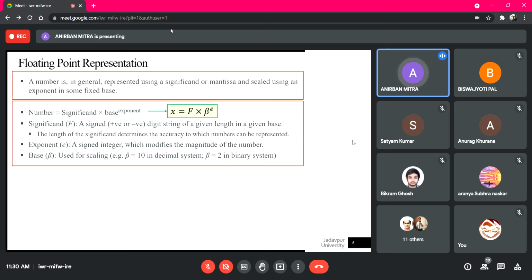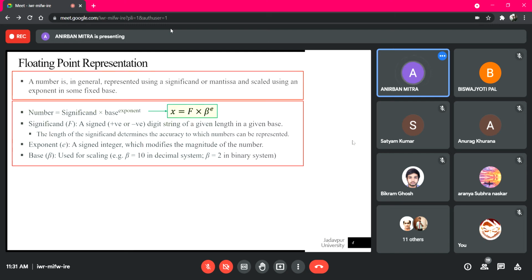On the other end of the scale, you can go for subatomic level numbers, that mean distances between atoms, very, very small distances. So in that case, the exponent can be modified in such a way that the same space can be used to represent such very small numbers. So using the same amount of space, you can go for a huge number as well as a very small number.